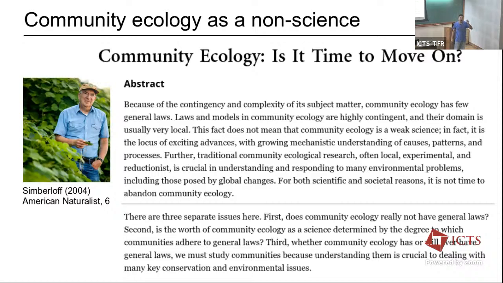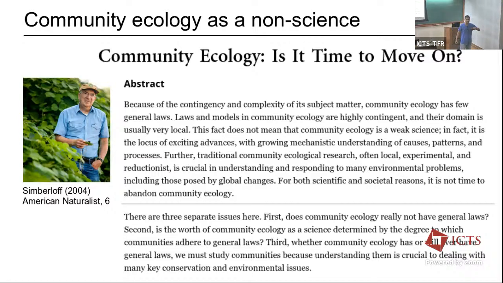Because if I want to understand what's going to happen to this community in response to an emerging threat, an emerging disease, let's say, or deforestation, and these can both work together, right? You can have deforestation causing the emergence of infectious disease. Then I really need to understand what's happening at that level.